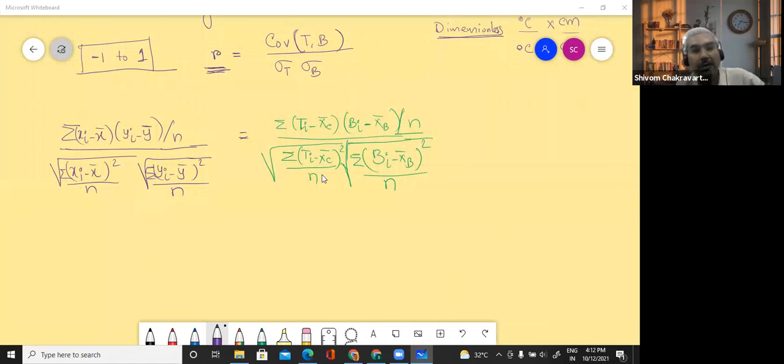Square roots will not get cancelled out. These are two very different expressions inside this equation. It's not that one xi minus x bar will cancel out this xi minus x bar somehow, because you're not just leaving those as products, you're summing them up.